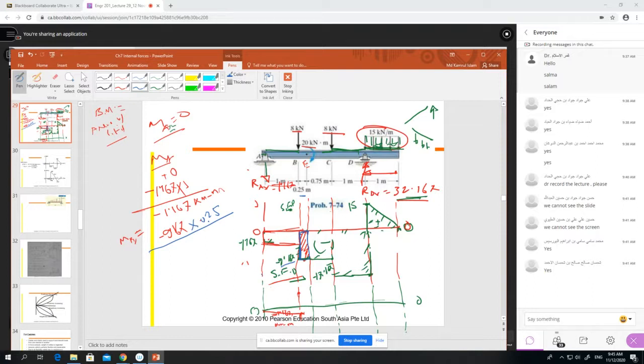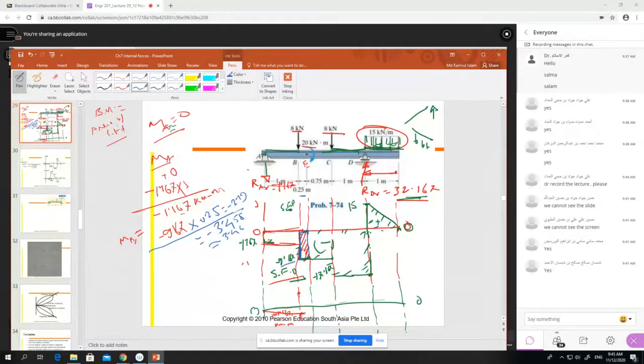9.167 into 0.25 is 2.29. So minus 2.29. If we do the algebraic sum, minus 2.29 minus 1.167, right? 3 point how much? 46. 3 point equal to minus 3.4458, but we can write down 3.46.